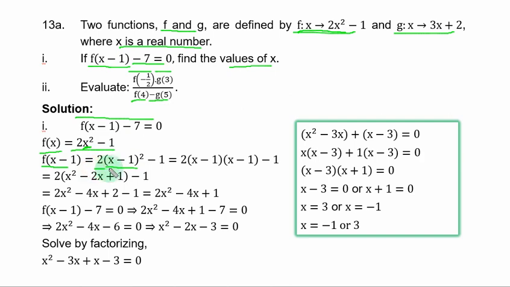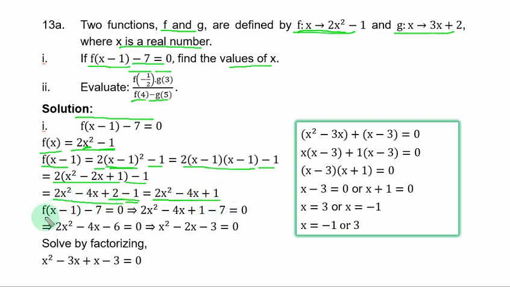Because s is squared, you also square it and you subtract this 1. Because of the bracket, because of the power, you can write the bracket twice, then minus 1. If you expand it, you have this result, minus 1. If you open the bracket with 2, you have this result, minus 1. If you add the two constants, you have 2s squared minus 4s plus 1.